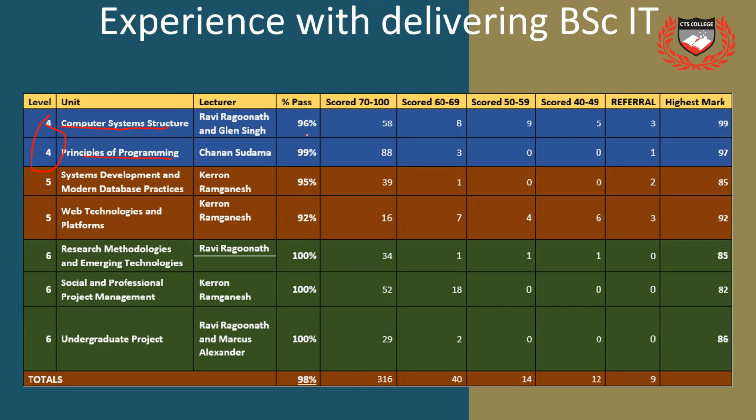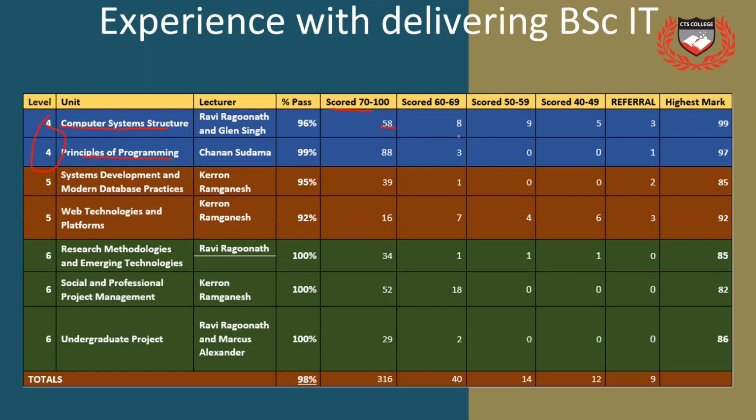And we can actually see the pass rates for each one of these as well. So for level 4, for both of the units, students achieved a 96 and a 99% pass rate respectively. And that's a tally of the entire class, of course, right? And we can actually see the grade ranges. So 58 students scored within the grade range of 70 to 100%, which is pretty much first class honors worthy, right?